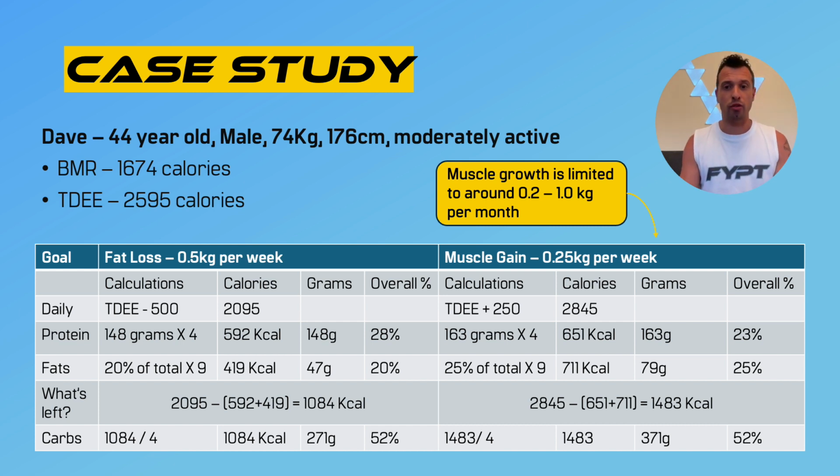Divide that by 4, 371 grams of carbs. That is more than enough to eat a pizza. So that gives me 23% protein, 25% fat, and 52% carbs. Great. There you go. A case study of how to apply that macro balancing.